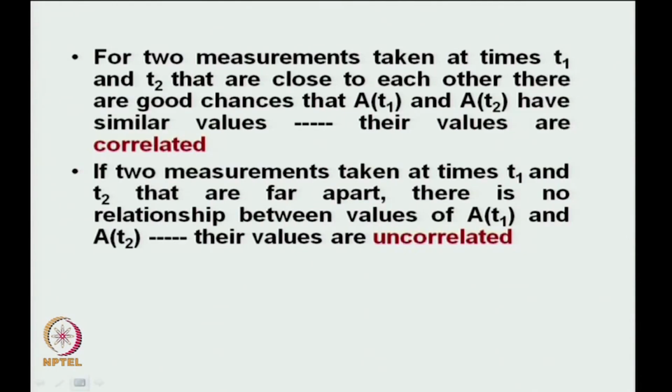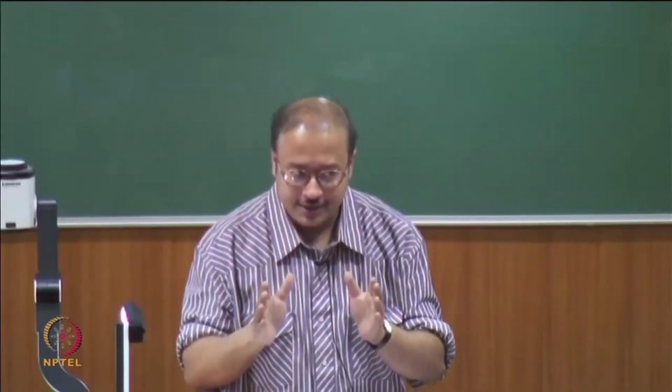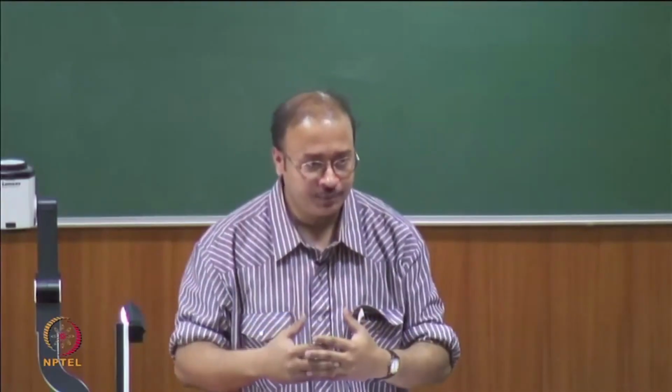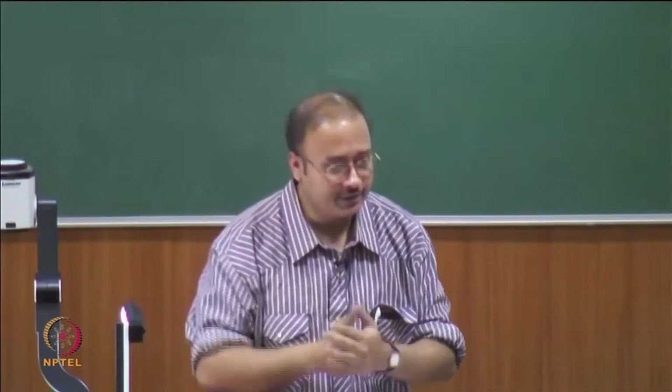This is the statement of correlation and non-correlation. What do we exactly mean by this? It is very simple. Think about this, your particle of mass m is inside the solvent, and the solvent molecules are hitting it randomly.